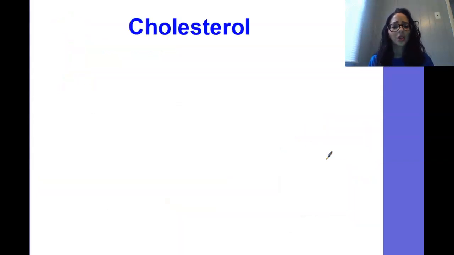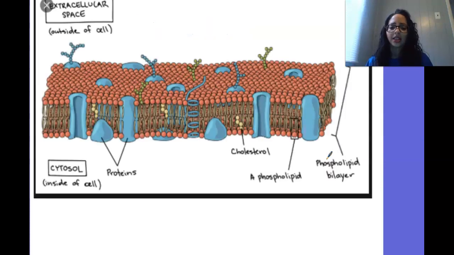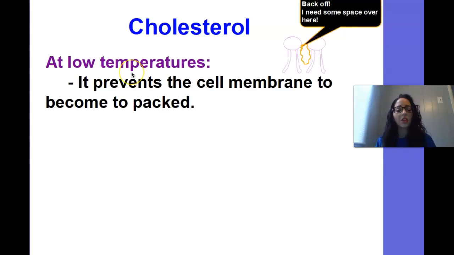So our next component is cholesterol. Cholesterol is these structures over here. Okay, you can see them here, in between the phospholipids. And what cholesterol does at low temperatures is prevent the cell membrane from becoming packed.